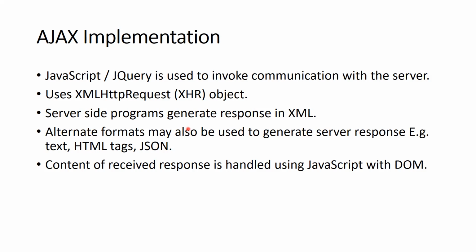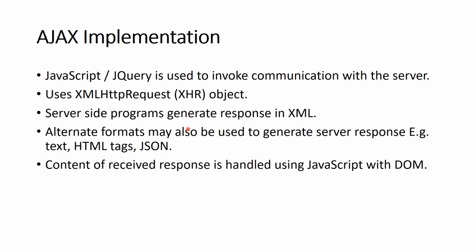It uses XML HTTP requests, which basically allow the requesting of data from a web server. Remember client-server architecture, request and receive. So the XML HTTP request does that for you.